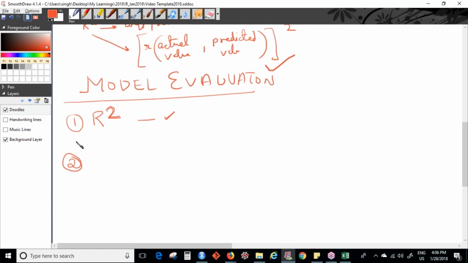The second parameter is the error parameter, which is sum of squared error. This is the quantity which the algorithm tries to minimize, right guys? So this also can be measured to identify a good model. So what do you think, higher value of SSE will be good or lower value of SSE will be good for the model?